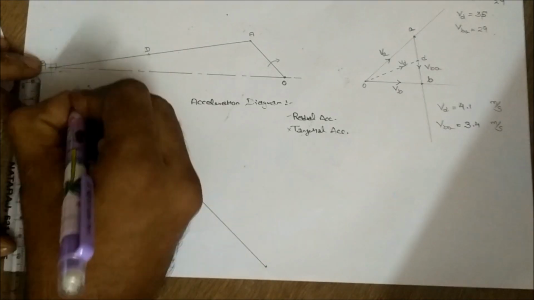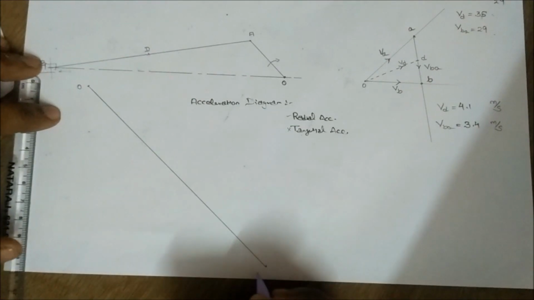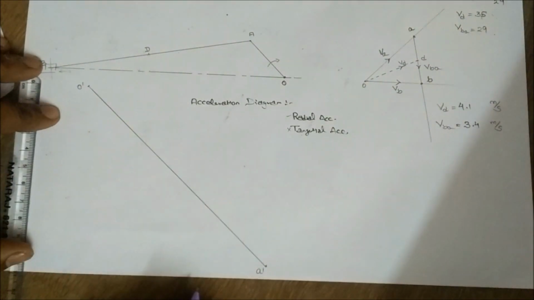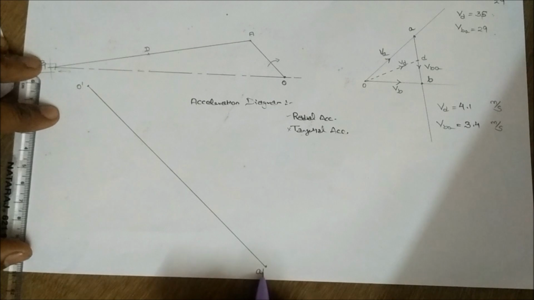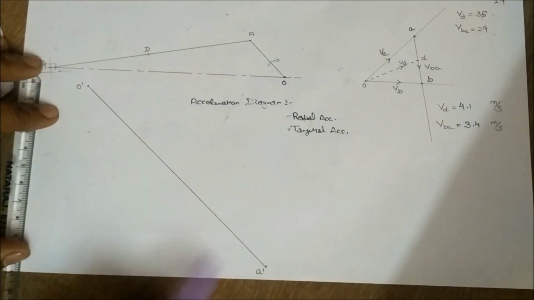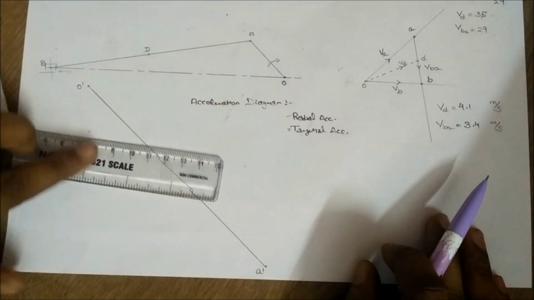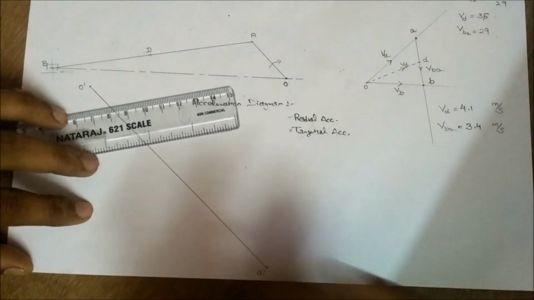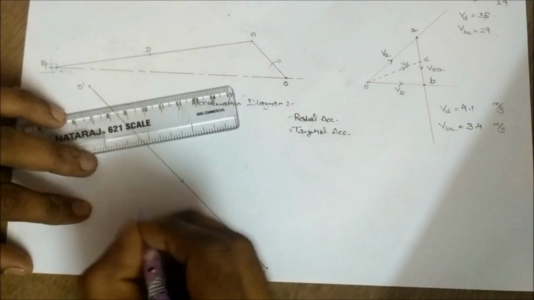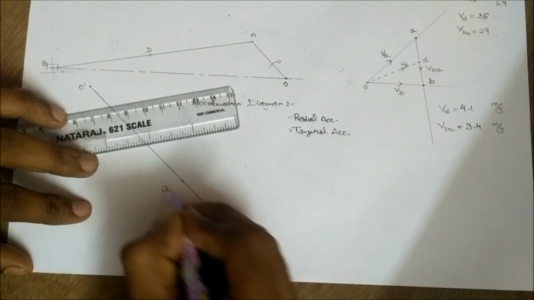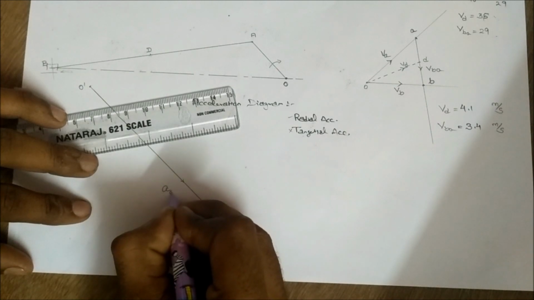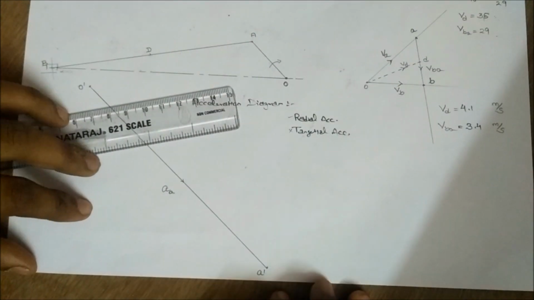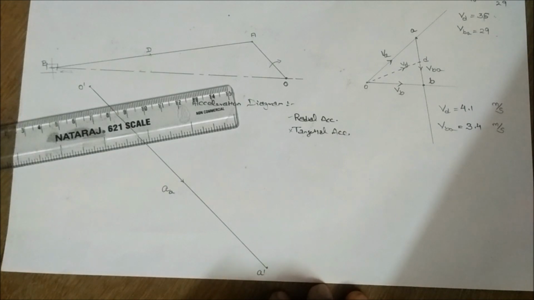Then the starting point is O dash and A dash. So when it comes to the acceleration diagram, use the dash, O dash and A dash. The next thing is here we have finished with the acceleration of the link OA. We got only one acceleration, so we don't have any other.